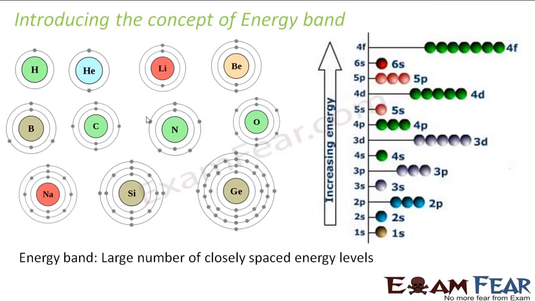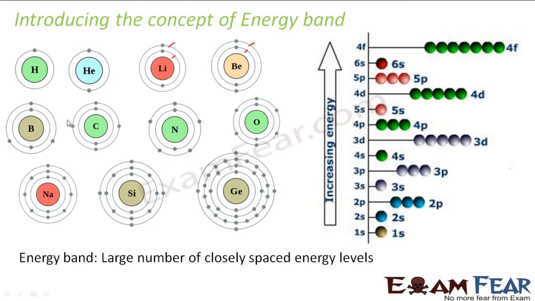Now if you see the concept of energy band, as I told, the electrons in atoms are in different orbitals, and the orbitals have different energy bands. For example, hydrogen has only one band, helium will have one band, lithium will have two bands, a 1s band and a 2s band.